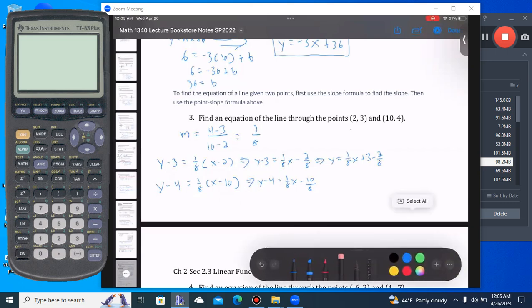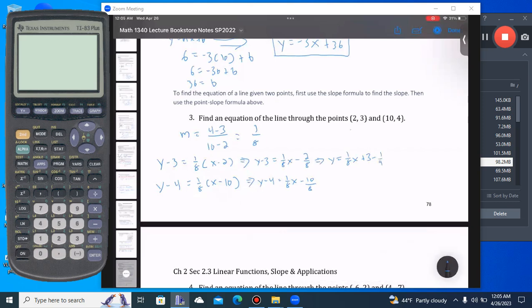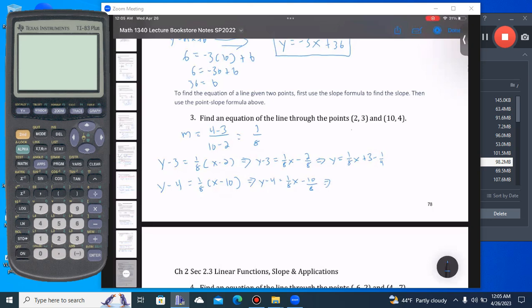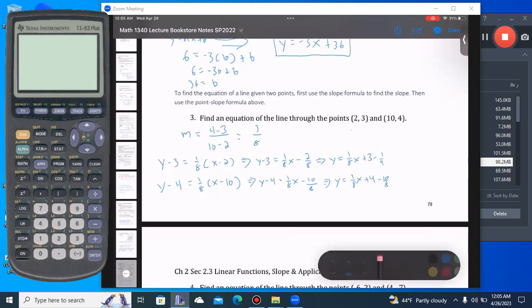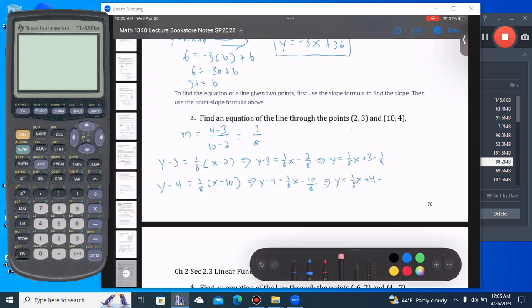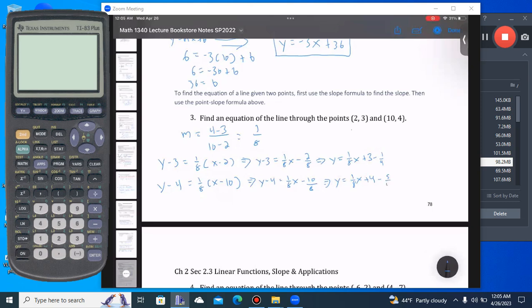Let me reduce that down. And here we have y equals 1/8 x plus 4 minus 10/8, which is 5/4. Reduce that down. Okay.